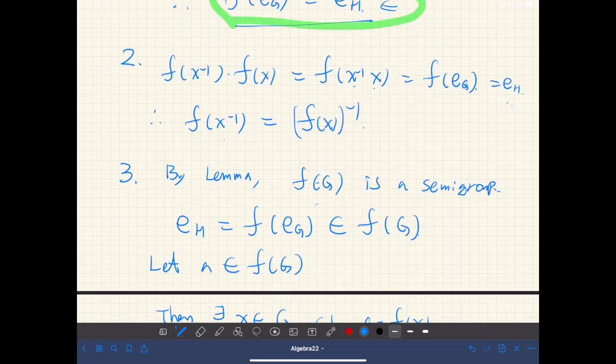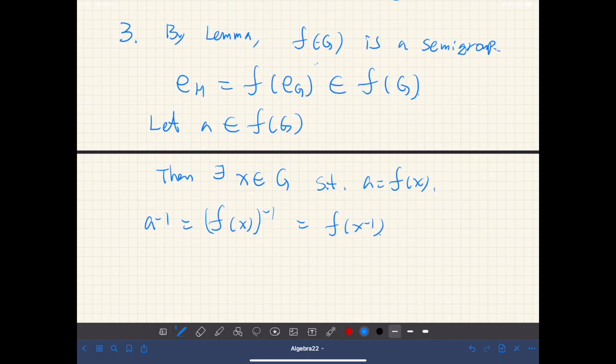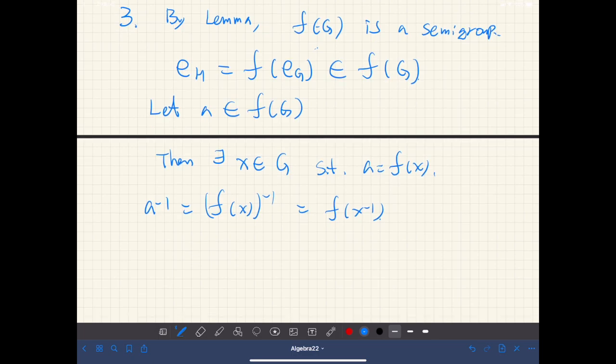But from the previous part 2, we have this is equal to f(x inverse). Okay, so which is an element of the image. So therefore, for every element within this subset, there exists an inverse element of that element within the same subset. Therefore, all the axioms of the group are satisfied. Therefore, f(G) is a group.